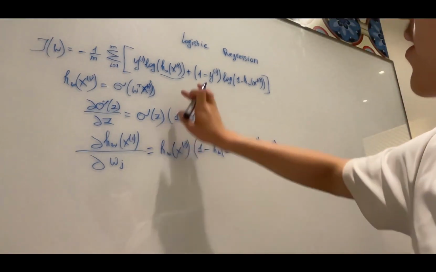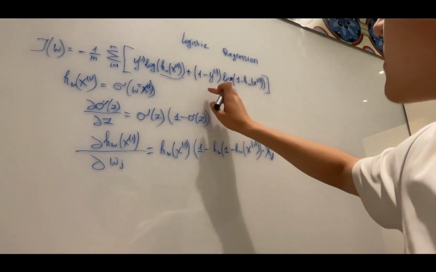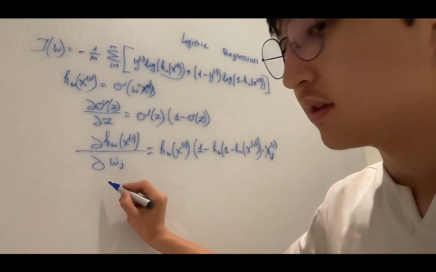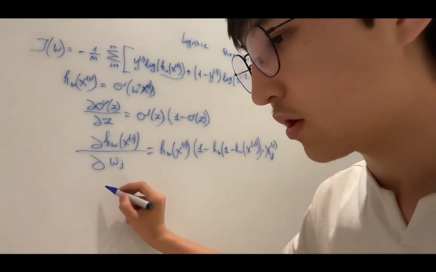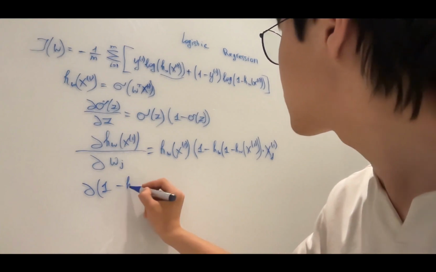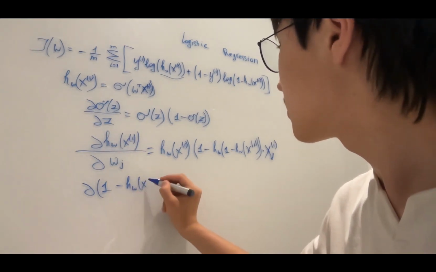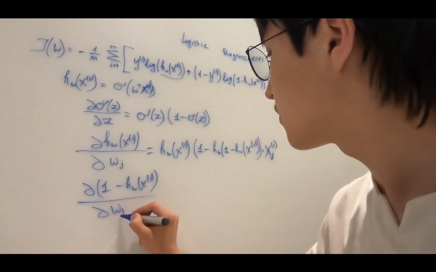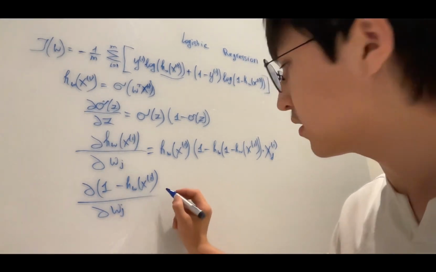So this is for this one, and for the other one, the derivative of 1 minus h_w(x_i) with respect to j. Can you see it? Yeah.